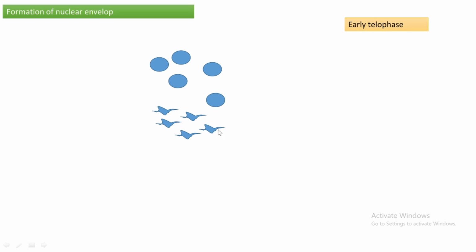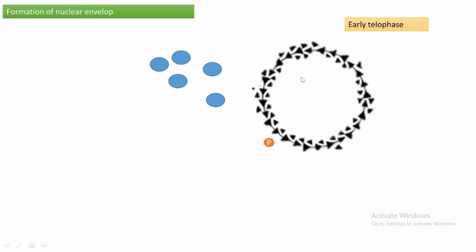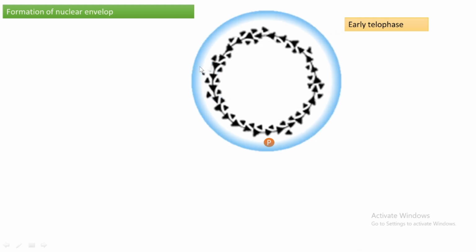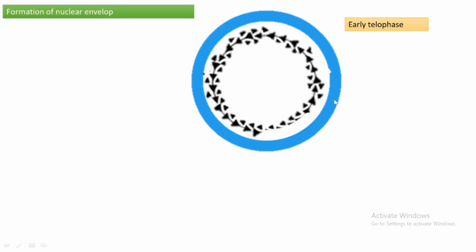The phosphate group that was previously added to the lamins at the beginning of prophase is removed, and after dephosphorylation of the lamin, the lamin is reconstituted first, and those reconstituted lamins go and bind with the nuclear envelope vesicles and lead to its reconstitution. In that way, towards the end of cell division, the nuclear envelope is formed again in the newly formed daughter cells.